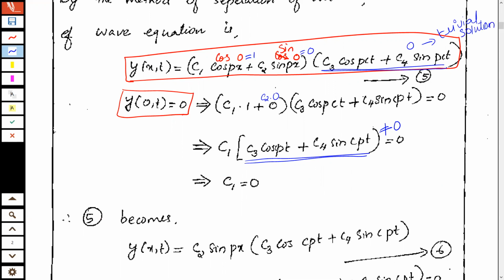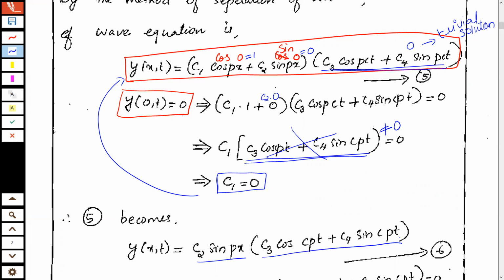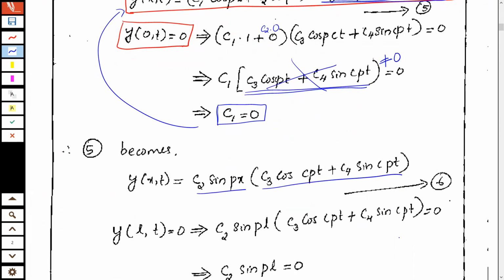Zero solution is always a solution, but we are interested in a non-zero solution. Therefore, this term cannot be equal to 0. Hence, the only possibility is c1 = 0. Since c1 = 0, y(x,t) reduces to c2 sin px (c3 cos pct + c4 sin pct).